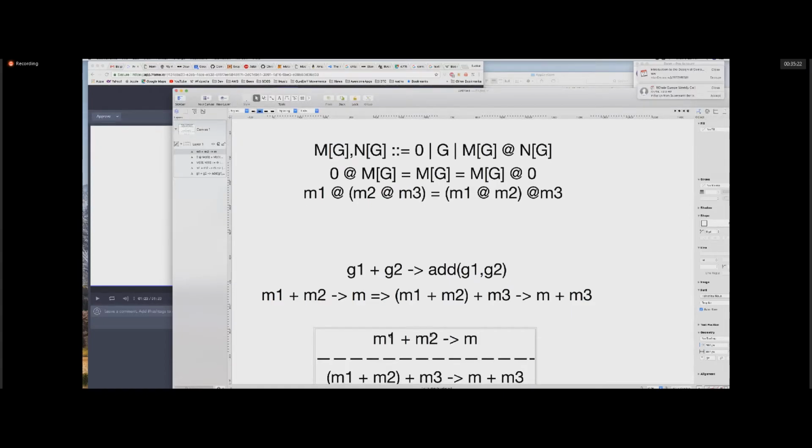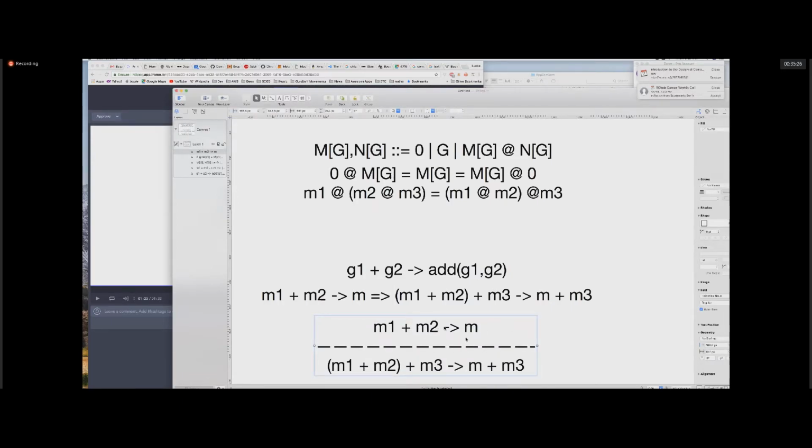That would be the sort of style. You write it as a rule with a set of hypotheses and a consequent. And then there are formal rules as to what's a legal hypothesis.